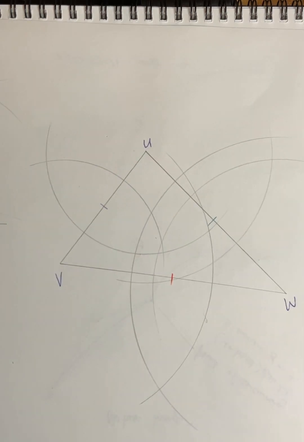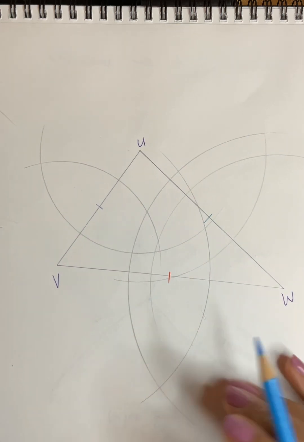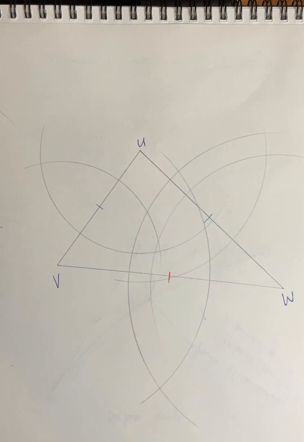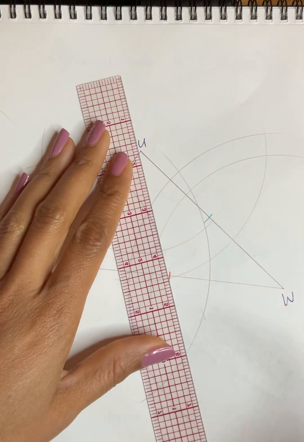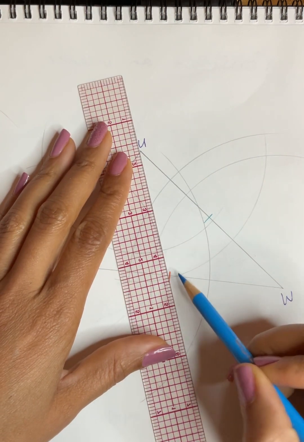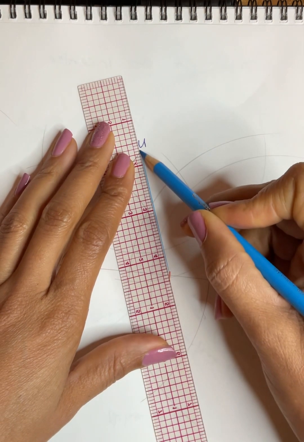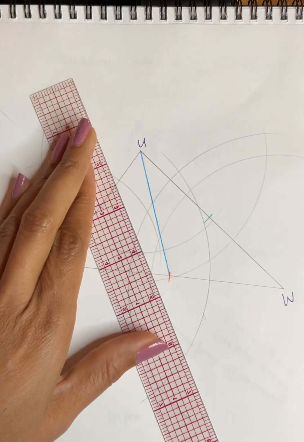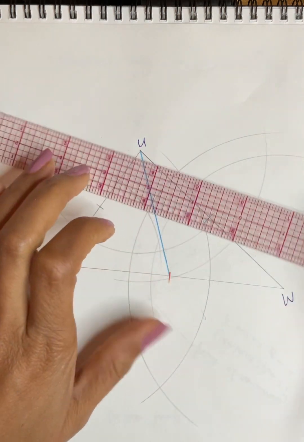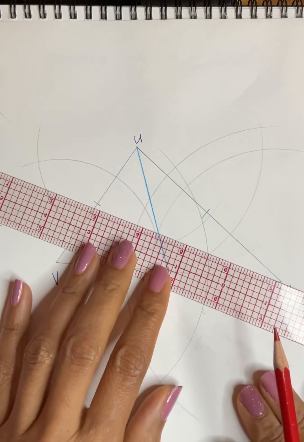For this triangle, I had already found the midpoint for you because I didn't want this video to be long and drawn out. So I found the midpoint. All I have to do now is connect it to the vertex opposite to create my median. So this would be my median right here.